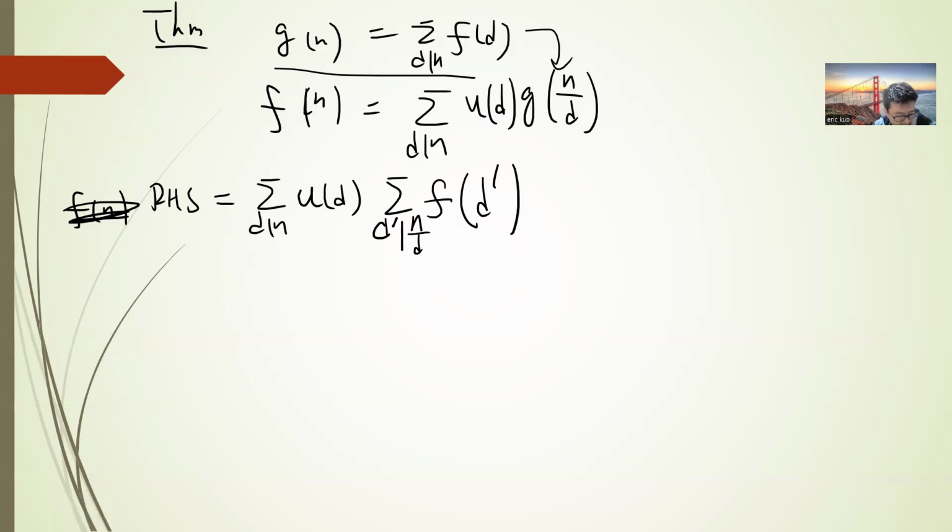Okay, so here comes the part, right? Here comes the trick. So this summation means that I first take d, and then n divided by d is some integer, and I take d prime of it. And if you think about it, this is the same as taking any two numbers whose product is a factor of n.